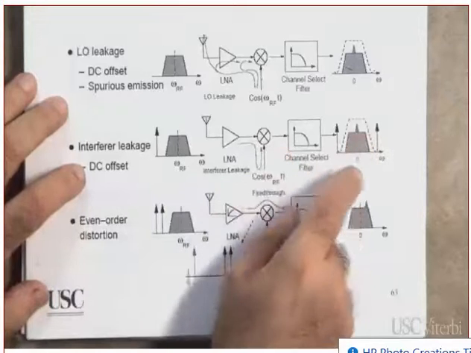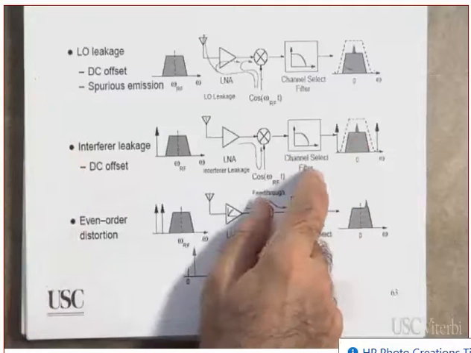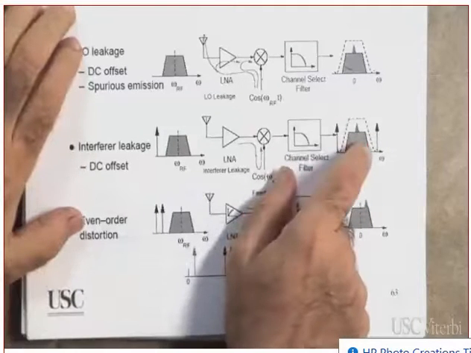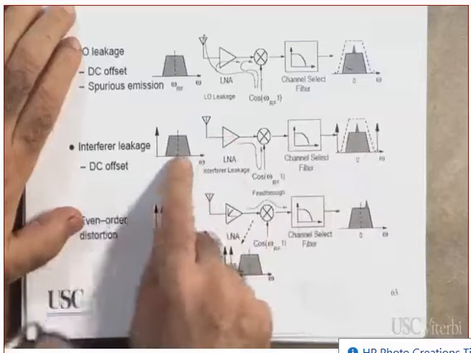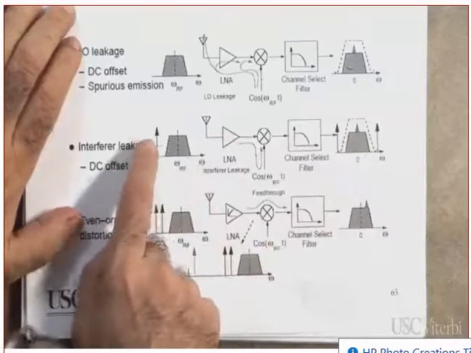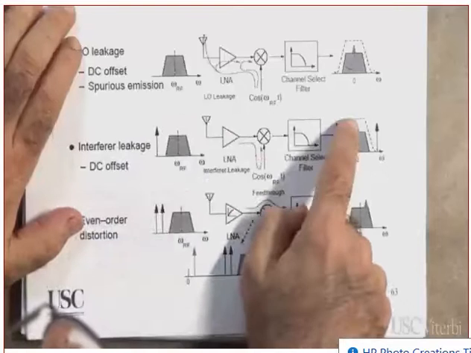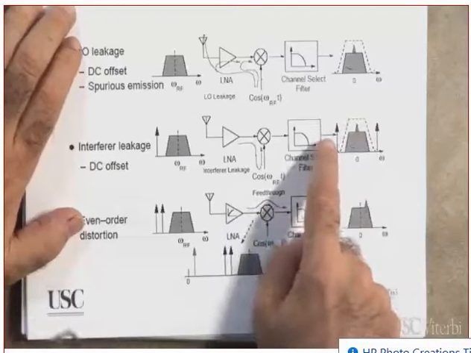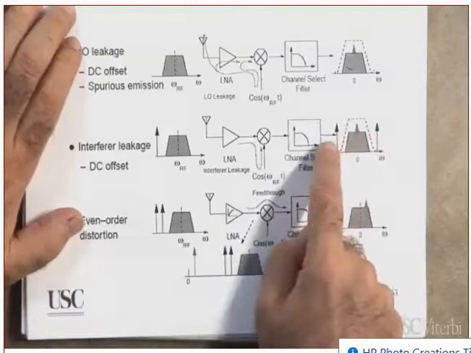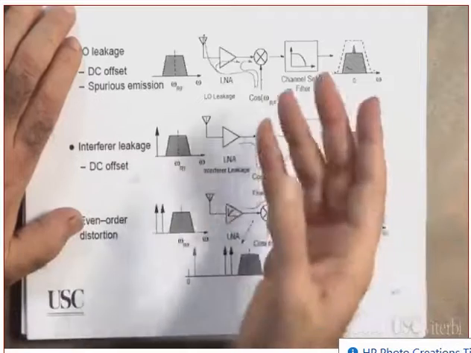Now, if the RF, this is the desired and this is the IF. If this one leaks in here, it will mix with itself and generate this. What are these, by the way? These are the ones that are not leaking.